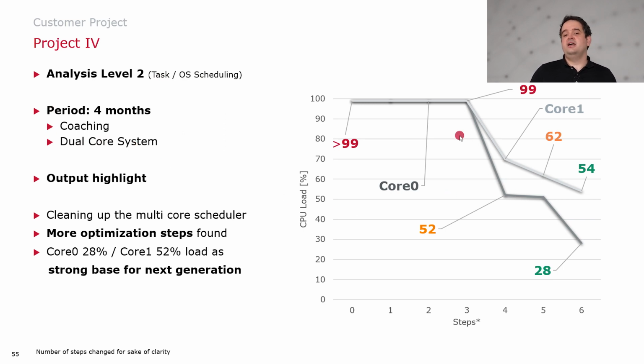And as an output highlight, you see the initial CPU load on both cores from 99% was further decreased to 28% on core 0 and to 54% on core 1. So the very benefit of this approach is that with these loads on each core, it's a really strong base for the next generation ECU of this project.